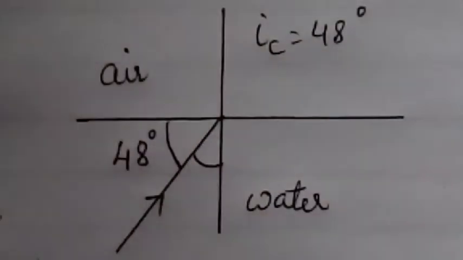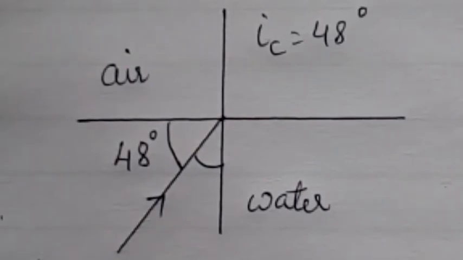Now here we have another situation. A ray is going from water to air, and the angle between the surface of water and the ray is 48 degrees. Critical angle is 48 degrees. The question is, what is the angle of incidence? Lots of boys go wrong over here.